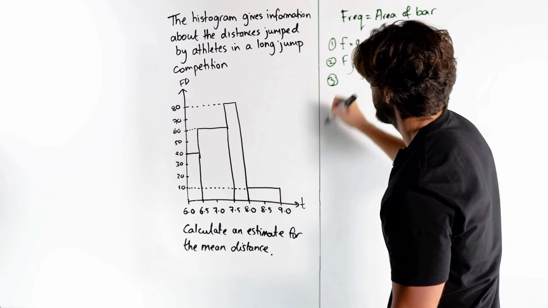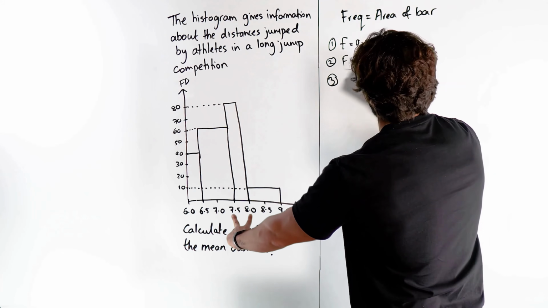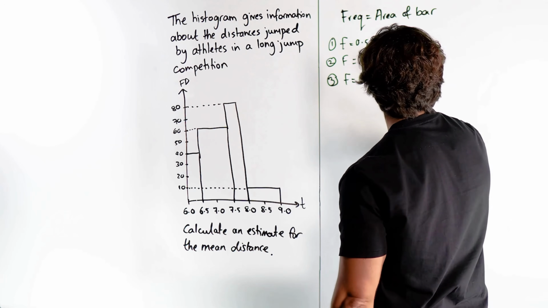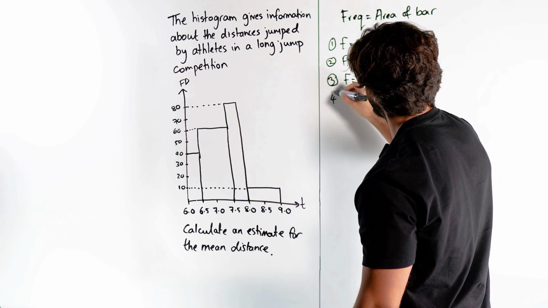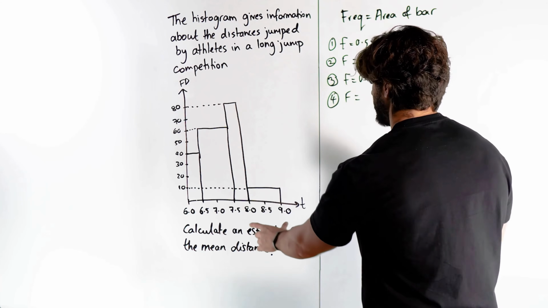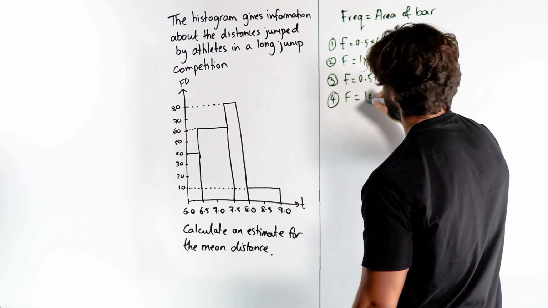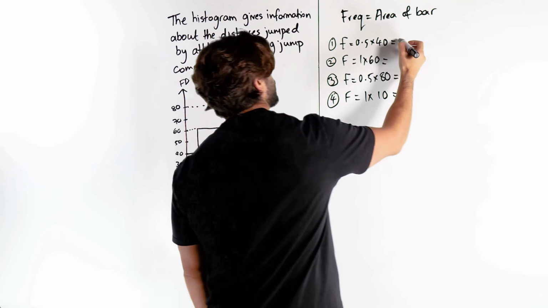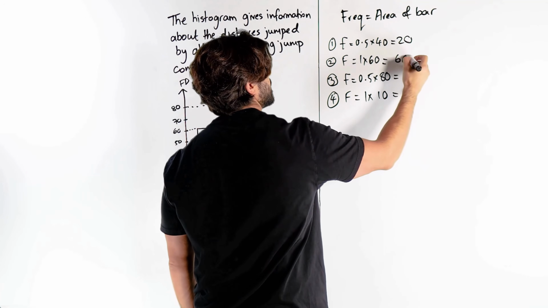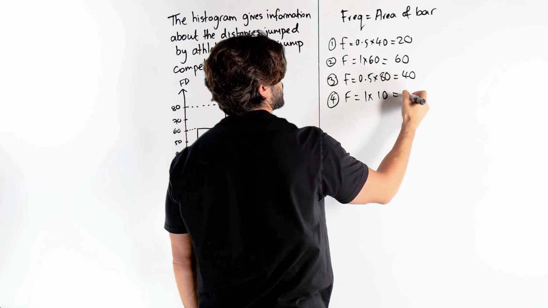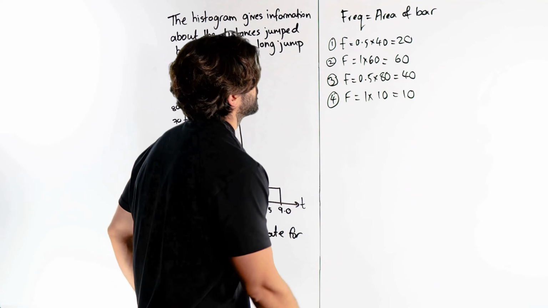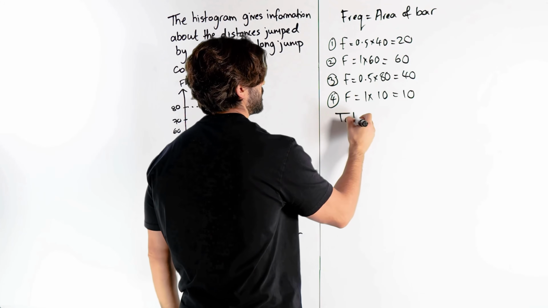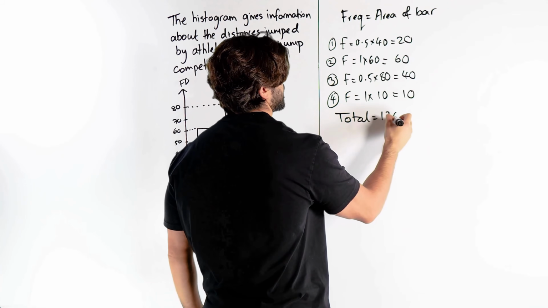And for my third bar, I have 0.5 times the height of 80. And then finally, my fourth bar, my frequency is 1 again times the height of 10. Okay? Half of 40 is 20, 60, half of 80 is 40, and 10. So when we add them up, we have 130. So my total is 130.